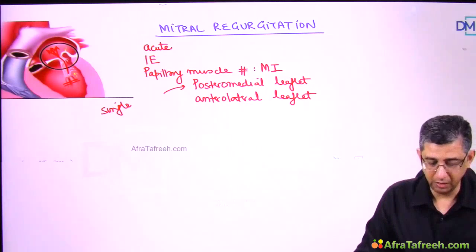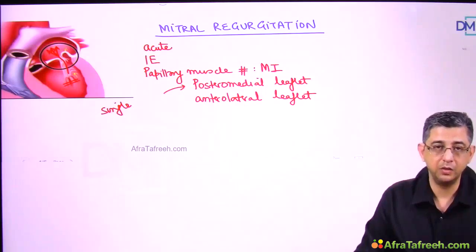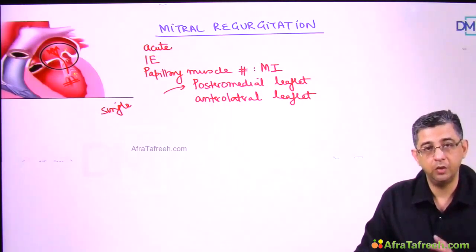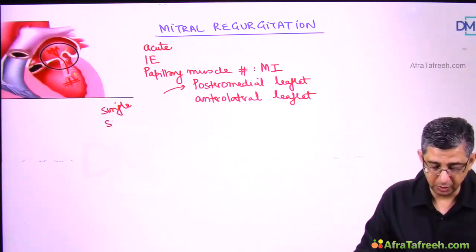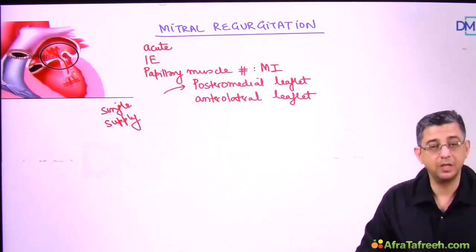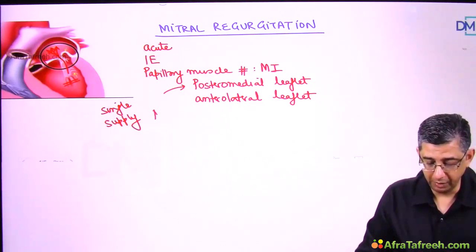You can understand that if any area of the body has a single supply and that critical supply is gone, well, that area is doomed. But if you have a dual supply, the chances of survival are relatively better. So the posterior muscle primarily has a single supply, so it is more vulnerable to ischemic damage as compared to the anterior one.